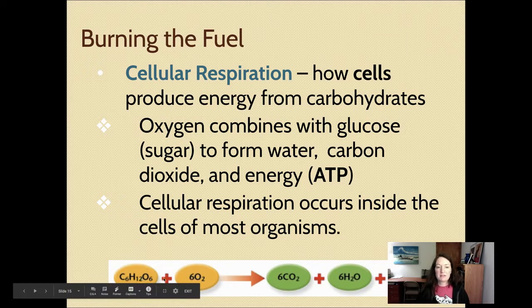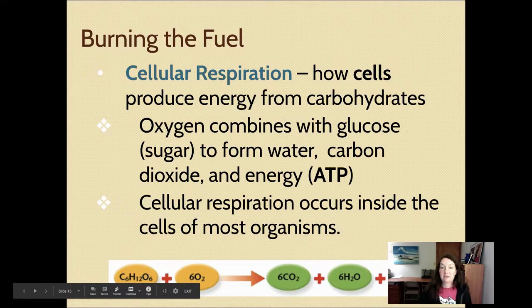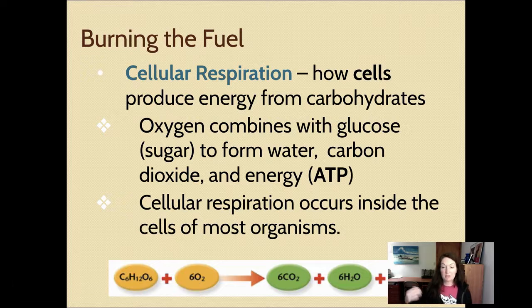So the C6H12O6, or glucose, plus 6 oxygen molecules, which we get by breathing in the air, produces 6 carbon dioxide molecules, which we exhale out of our bodies, 6 water molecules, which we either keep in our bodies or exhale as water vapor, and then we have the energy that we need to write things down, to think, to move, to do all of the things that we do.